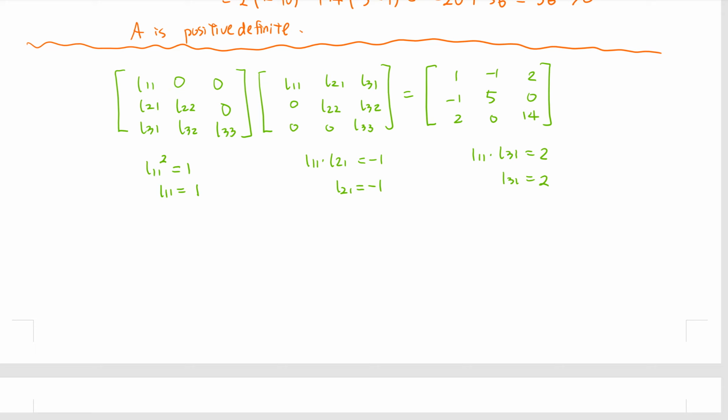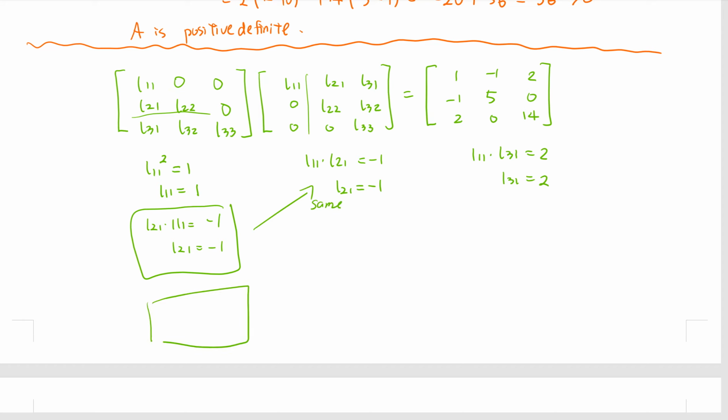And then we can use the second row times the first column. L21 times L11 equals minus 1. And L11 is 1, so we get L21 equals minus 1. And you see this entry is the same as this one. And actually, this one will be the same as this one, and this one will be the same as this guy.